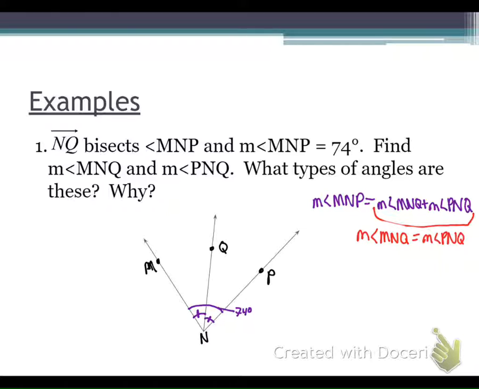So our next step is going to be that first line again. The measure of angle MNP equals the measure of angle MNQ plus the measure of angle MNQ.